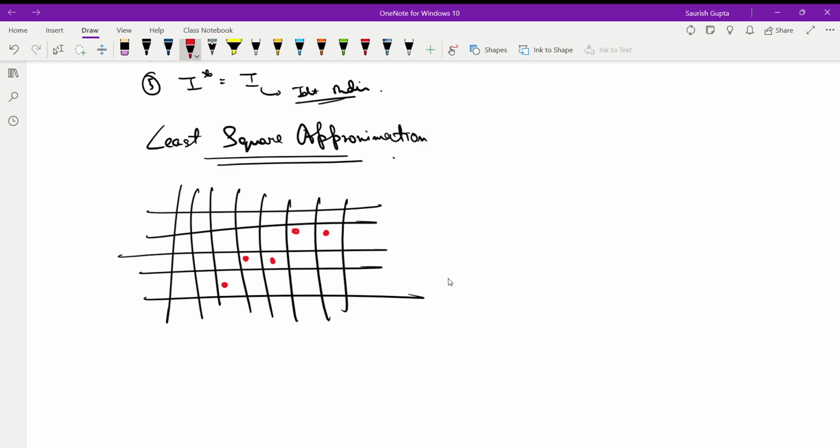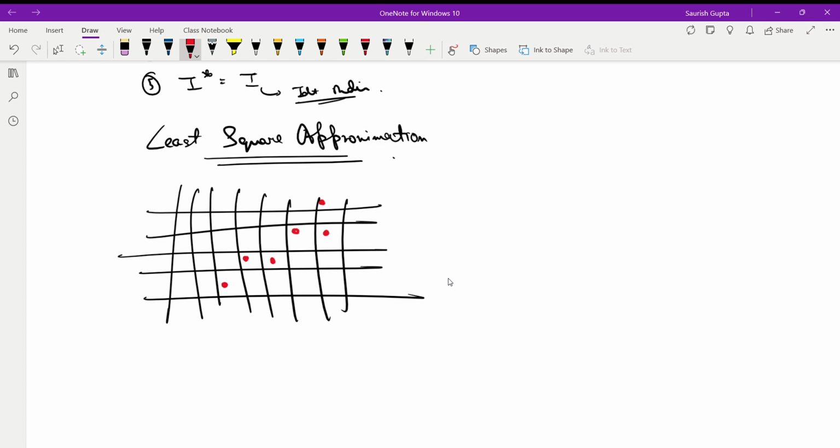What you try to do is form a line. Let me take another point, let's say here. What you efficiently try to do is form a line which goes through most of the points in some precise manner, and is closest to the points which are not directly on the line.